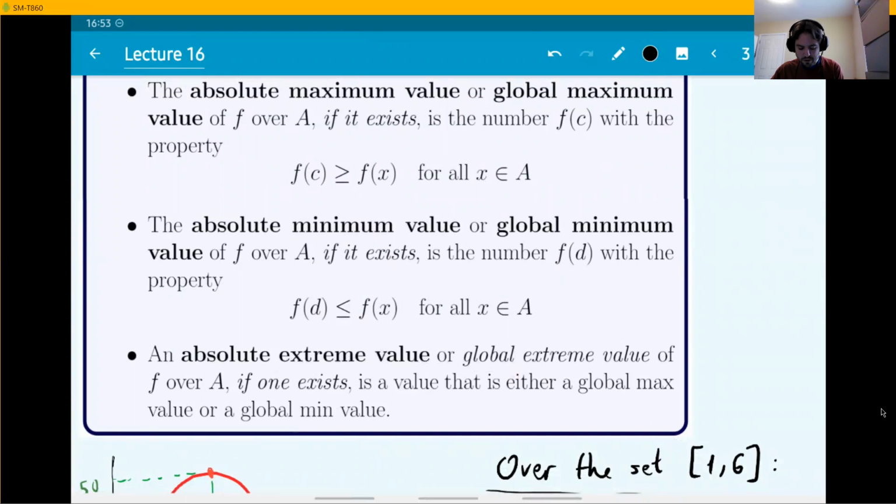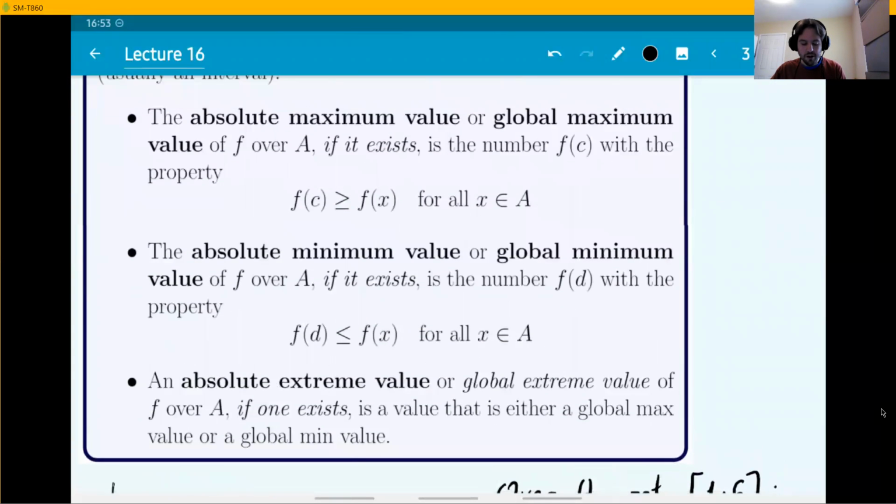This should have been in boldface here instead of italic. If one exists, it is a value that is either a global max or global min value. So we're always going to be talking about maximum and minimum. And then if you have an object that's either one of them, you can call that object extreme.